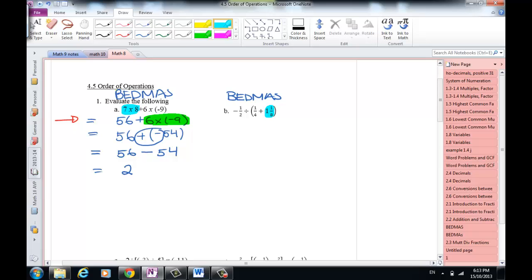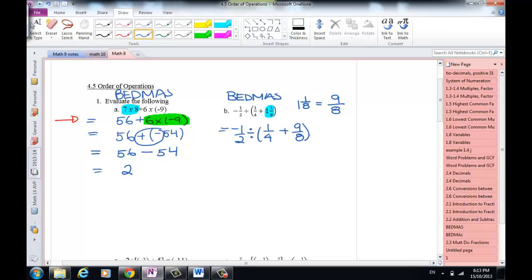I want to simplify my mixed number, and I'm going to write it as an improper fraction. So 1 multiplied by 8 is 8, plus 1 is 9, and I have 9 over 8. So I can rewrite this now as negative 1/2 divided by 1/4 plus 9 over 8.